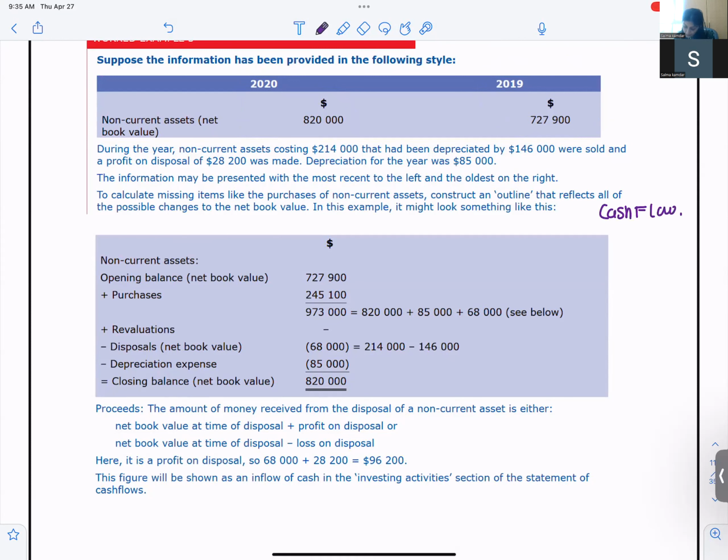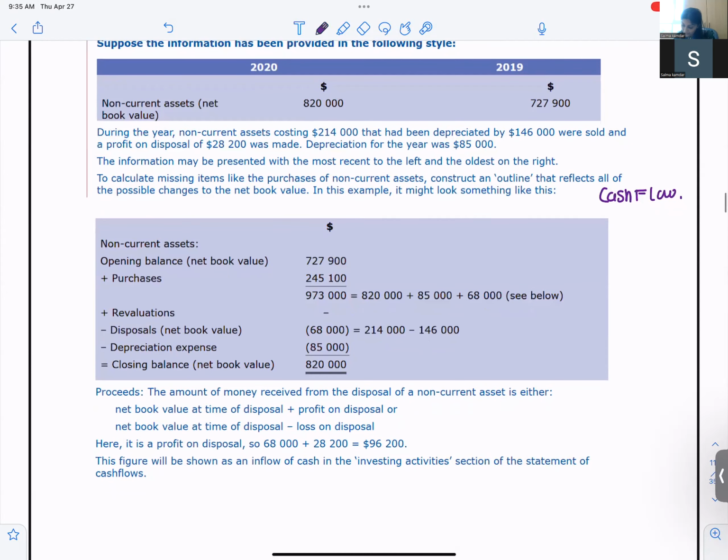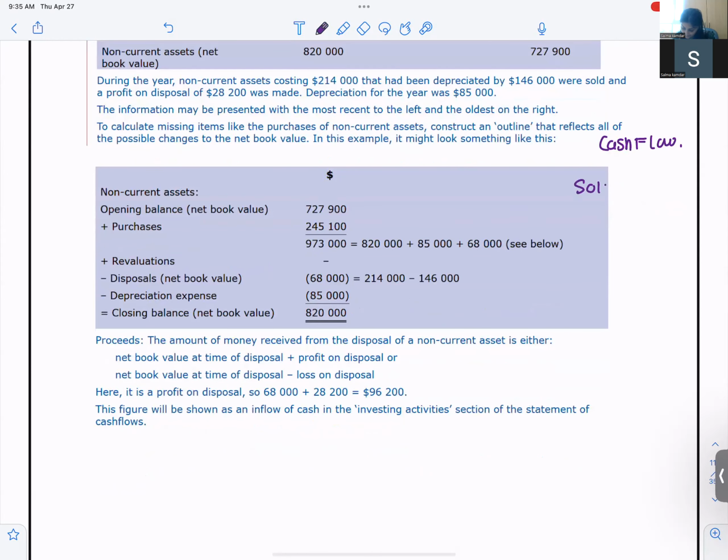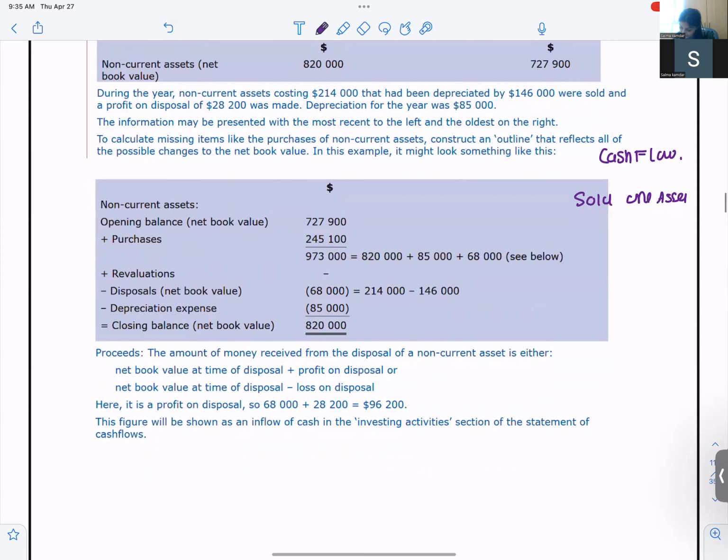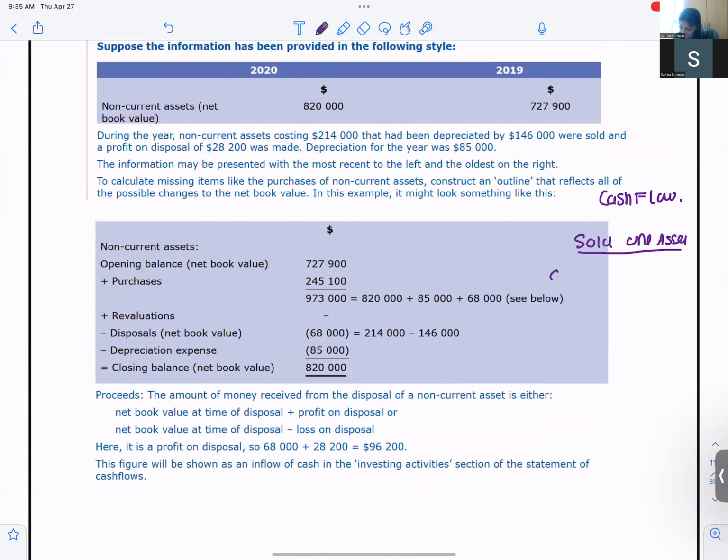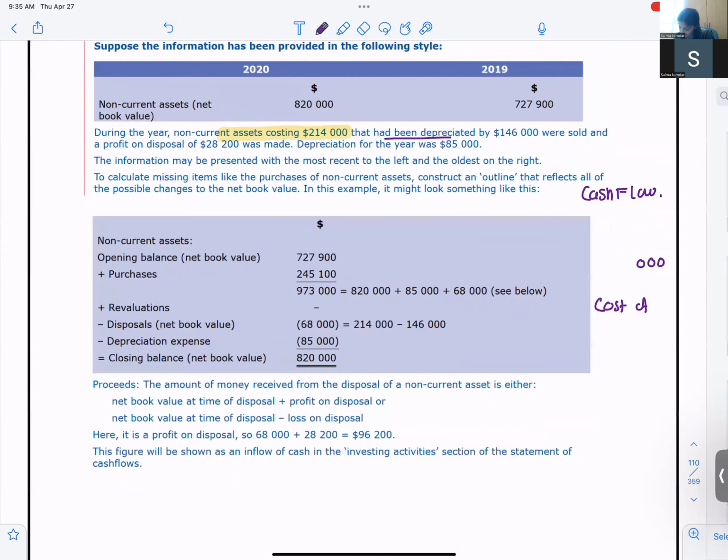Okay. So let's see. I know that I have sold one asset, right? The cost of the asset that I have sold is 214,000. So cost of assets sold. Let me just add a page.